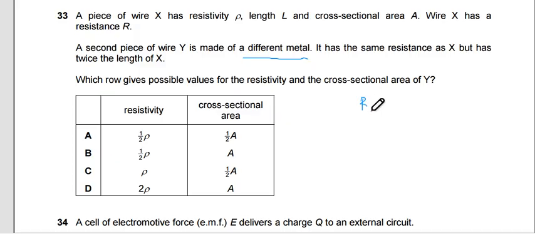So as we have Rx equal to Ry, we have rho x Lx, which is L, over Ax, which is A, equal to rho y Ly over Ay.